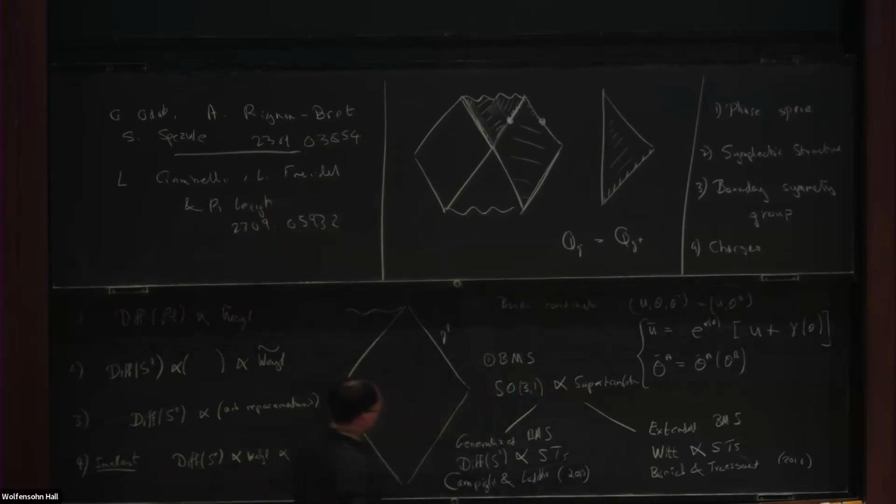The appropriate group that Andy argued was relevant was the cross product of the BMS group on scri minus with the BMS group on scri plus. That gives you a large group, and then you take the diagonal subgroup. The requirement for taking the diagonal subgroup comes from the fact that you don't want any contribution to the conservation law that's localized near timelike infinity, and that restricts you down to the diagonal subgroup and gives you the conservation law.